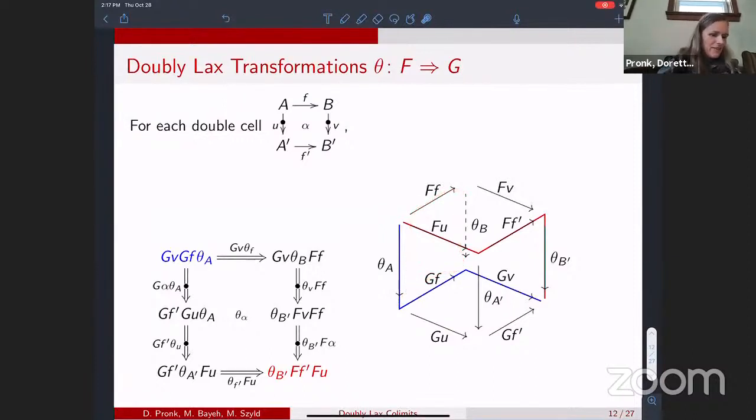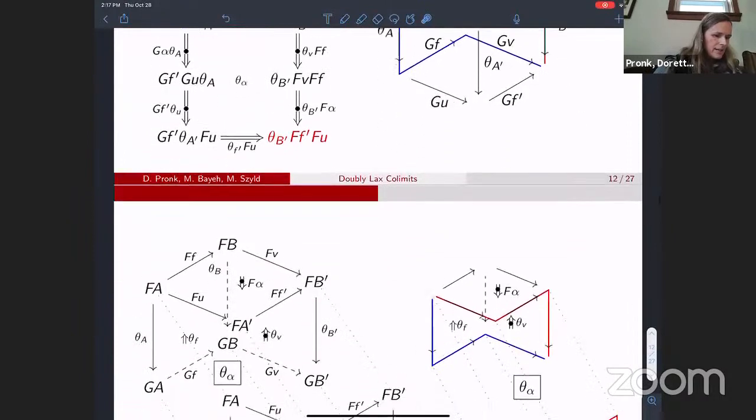If I take the F prime will give the one over here. And then the U and the V will give me vertical transformations here. And then I finally need to give you an additional vertical transformation for alpha that will go for the top and one for the bottom, and a modification theta alpha. And I have that, I think, on the next slide.